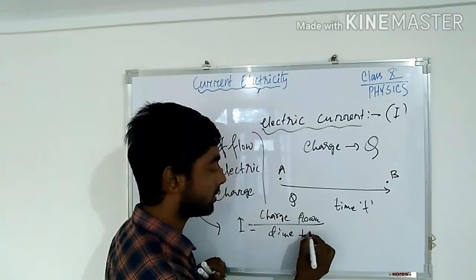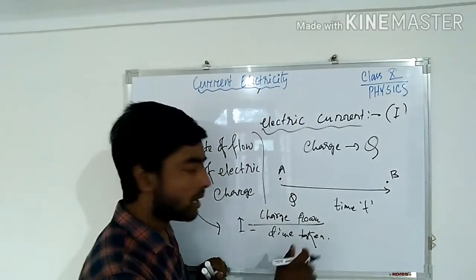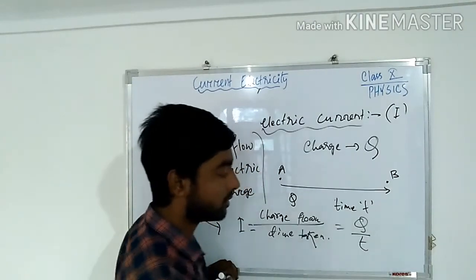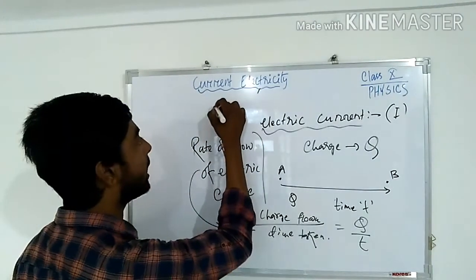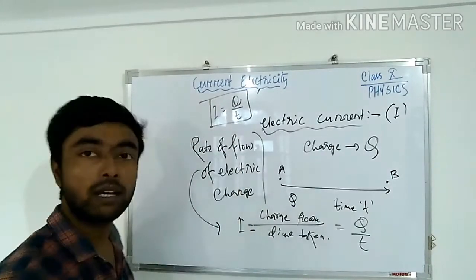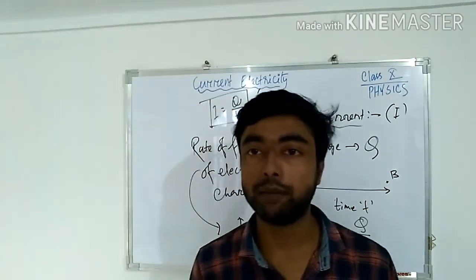How much charge is flowed? Q. Divided by how much time taken? T. So we have the formula I is equal to Q divided by T.